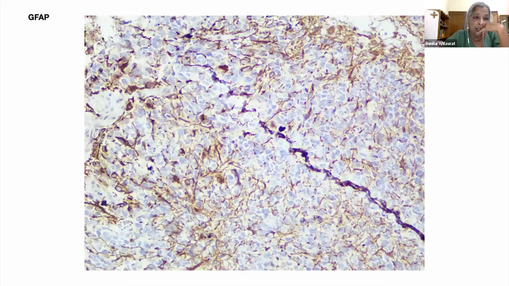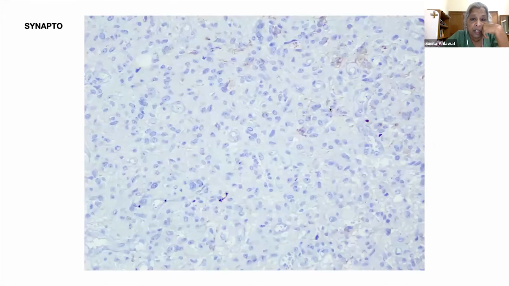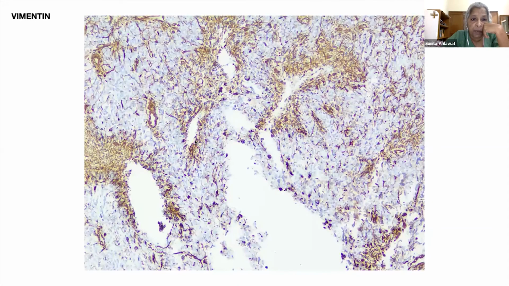On GFAP, the round cell area cells are GFAP negative. They are synaptophysin positive, and the glial area is showing very focal GFAP positivity, predominantly negative. And vimentin positivity, this is also a very old case.